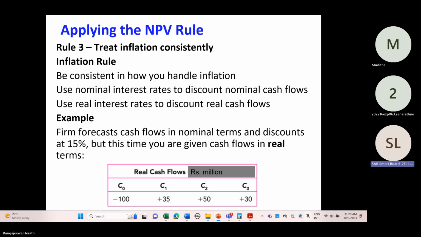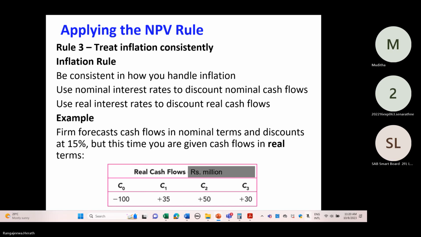So there are two approaches. One is you can convert these real cash flows into nominal cash flows. These are inflation adjusted cash flows, which means they are reduced by 10% annual inflation. So 35,000 is real. That means it is reduced by 10%.